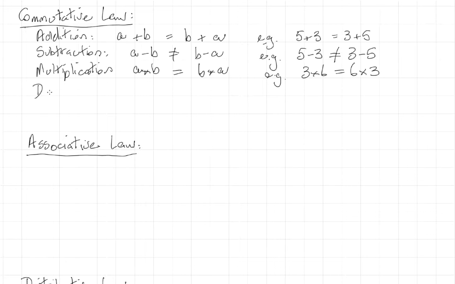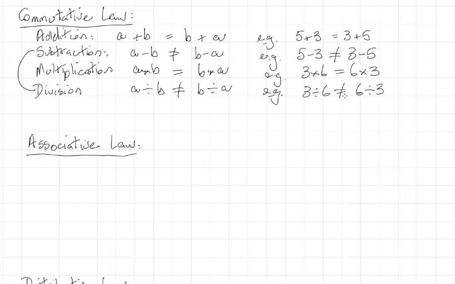And lastly, we've got division. Like subtraction, A divided by B is not equal to B divided by A. 3 divided by 6 is 3 over 6, which is a half. 6 divided by 3 is equal to 2.